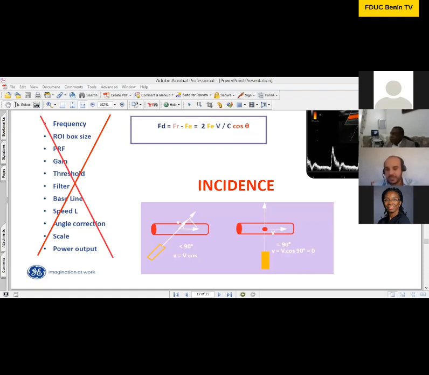So in this situation, if the probe is orthogonal to the vascular structure, we will have no signal. We will have no filling of the vascular structure.